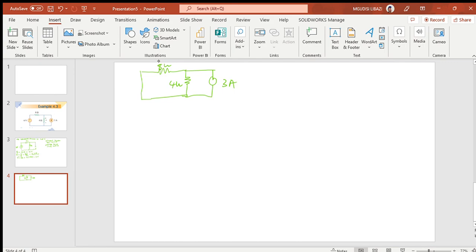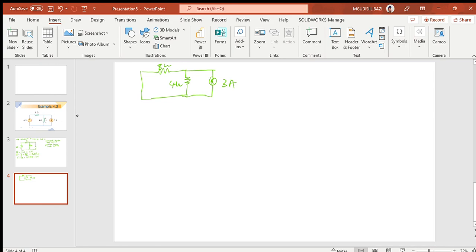I'm giving the direction of the current as going upwards like that. Now I can use current division to find the current that flows through the 4 ohms, because the voltage we are concerned with is the one across the 4 ohms.